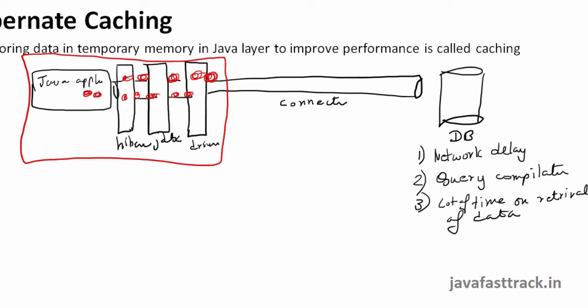So data once retrieved from the database, you can hold it directly in the Java application itself within the JVM. Caching is all about storing the data temporarily in the Java application itself. This is done to improve the performance.